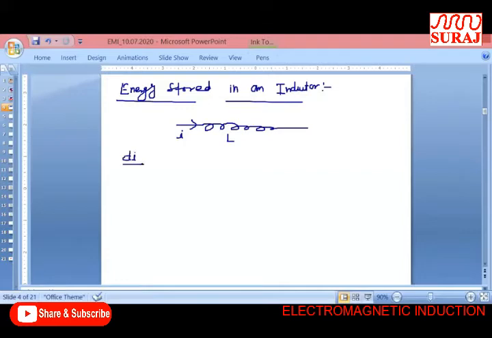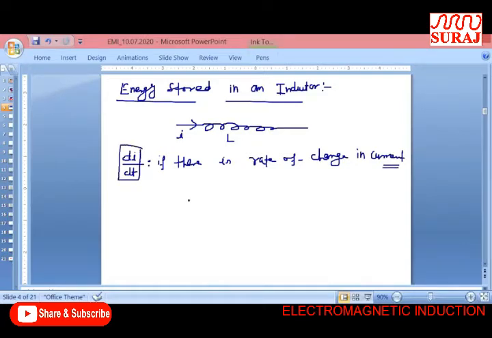Then what happens if there is a rate of change in current, di by dt, available here?